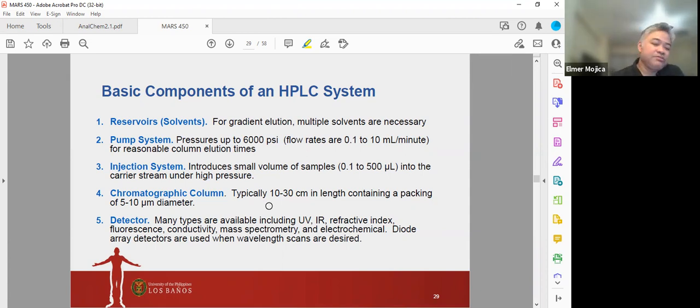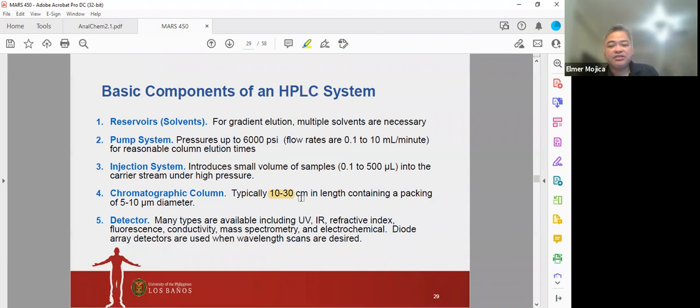So the column can be what, 10 to 30 centimeter. It's not as long as the GC. GC would have around 30 meters long, okay? And this column that's typically 10 to 30 centimeter in length contains a packing material that is around 5 to 10 micron in diameter.